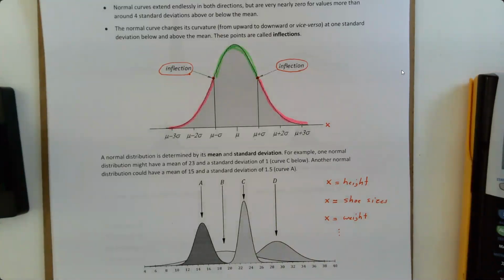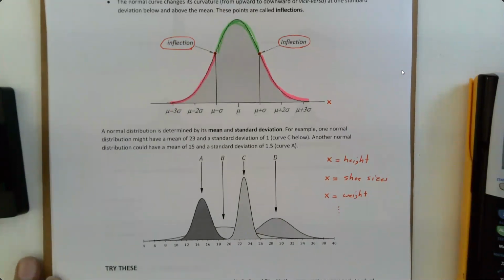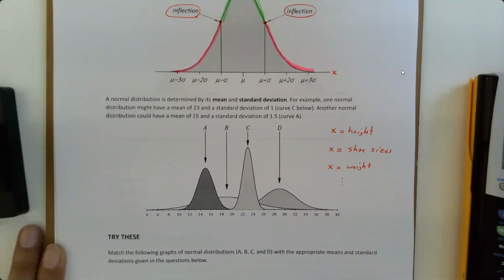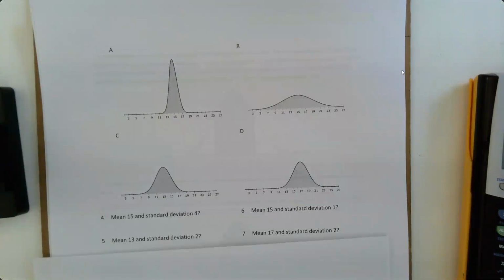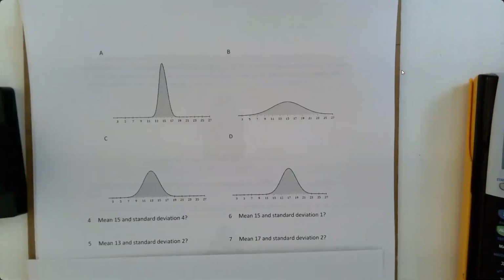Okay. Try these. Match the following graphs of normal distribution with the appropriate means and standard deviation given in the question below. Okay, perfect. We have something to work on. Well, what do we have here?